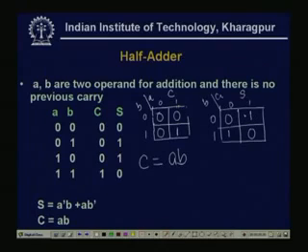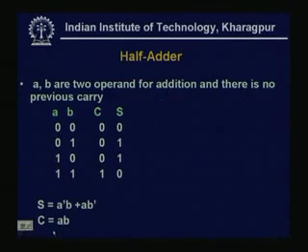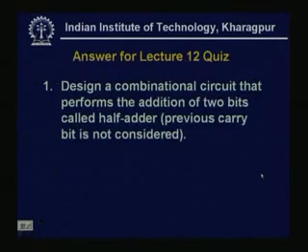So for this one the min term is A B dash, and for this one the min term is A dash B. So we have written that S equal to A dash B plus A B dash and C equal to A B. So this is my half adder circuit.